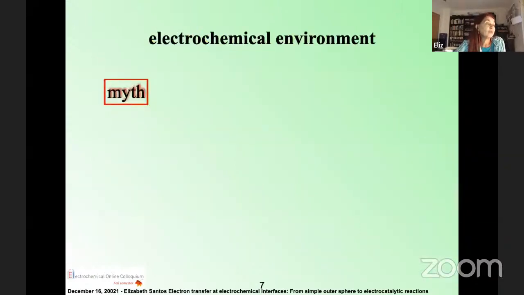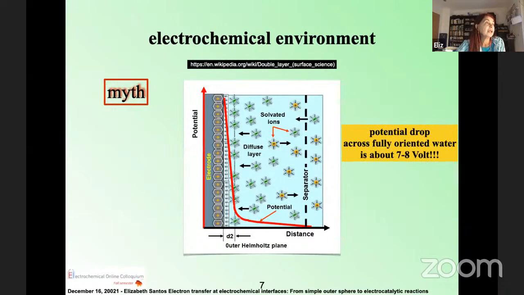Good. Then here we come to destroy one of the first myths of the electrochemical environment: this simple picture of a double layer, for example here from Wikipedia, where all the water molecules at the interface are oriented in the same direction. A simple electrostatic estimation should give you a potential drop across the interface of about 7-8 volts.